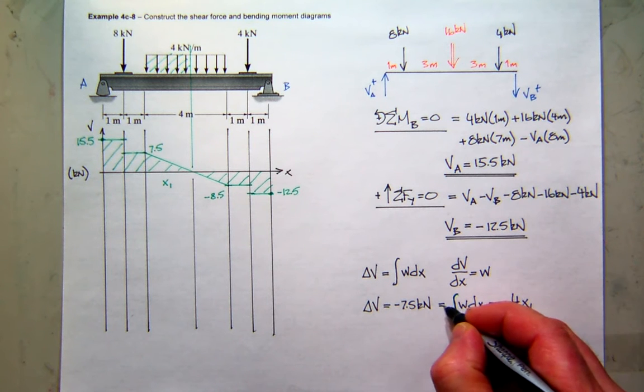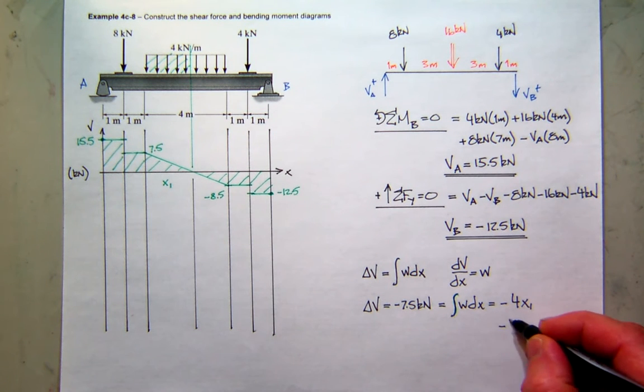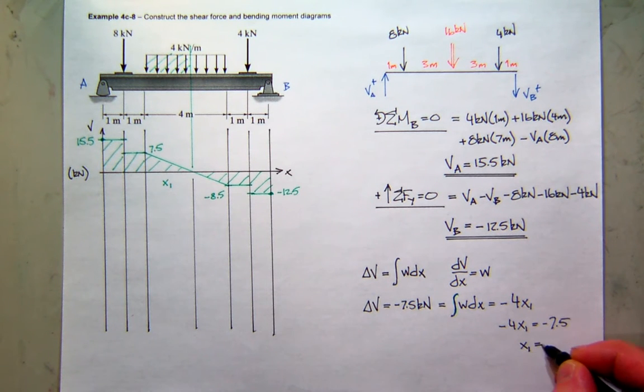And those two things are equal. All right? So that gives me an equation of negative 4x1 equal to negative 7.5. If you solve for x1, you get 1.875. And that would be meters.